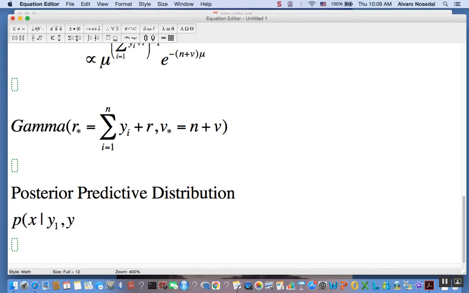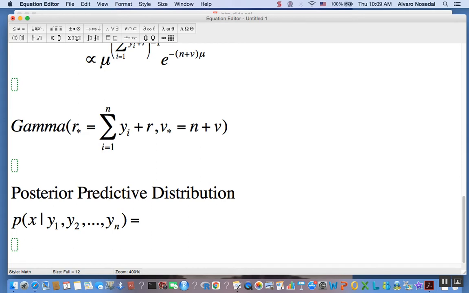It could be a sample of size 1 or a bigger sample, say a sample of size n.